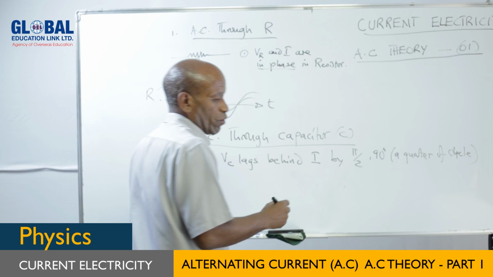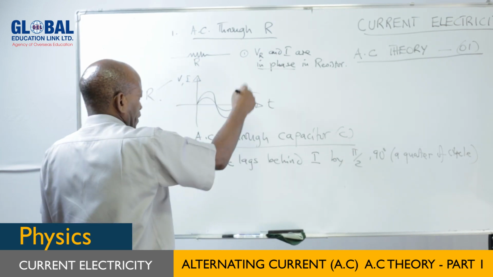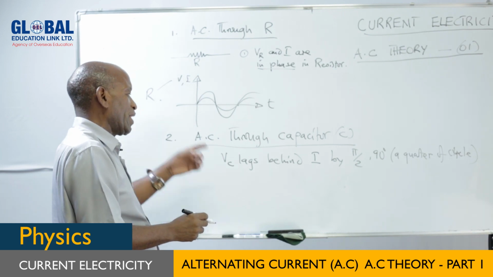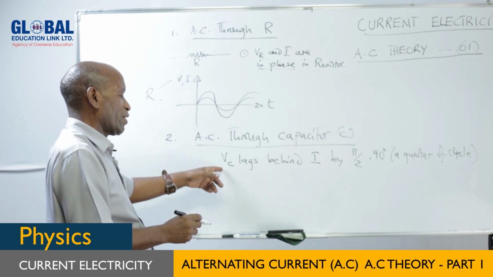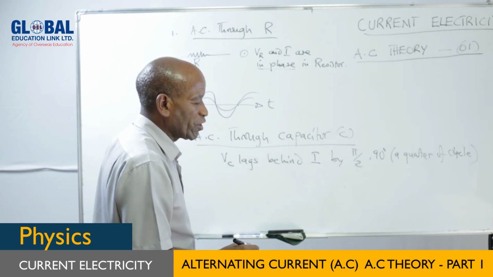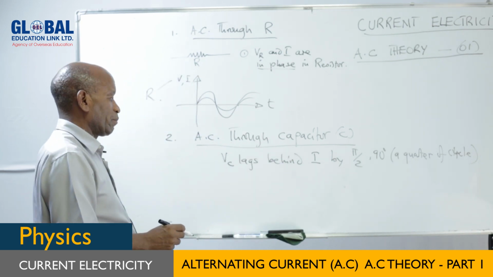We all know that whenever it's moving like this, from this point to that point, this is one cycle. So it will just be lagging behind. The voltage through the capacitor lags behind the current by a quarter of a cycle, that is pi over 2.